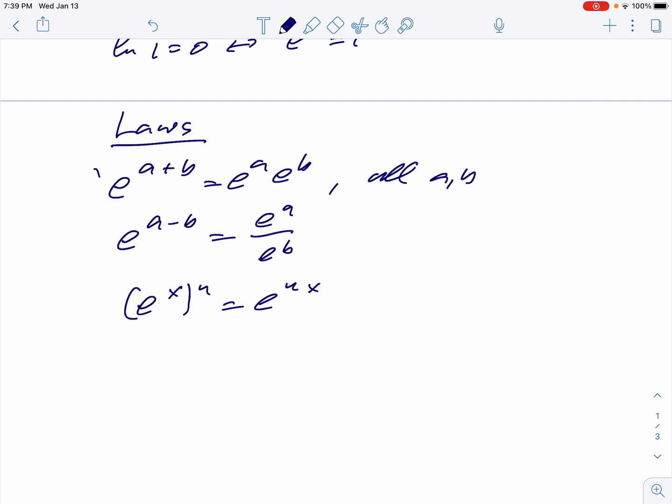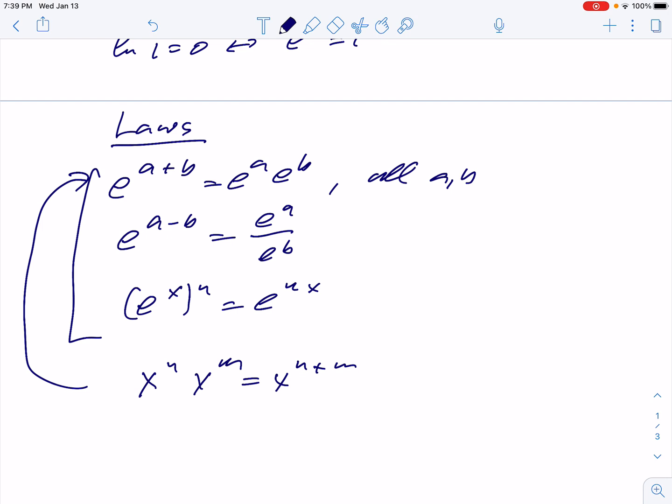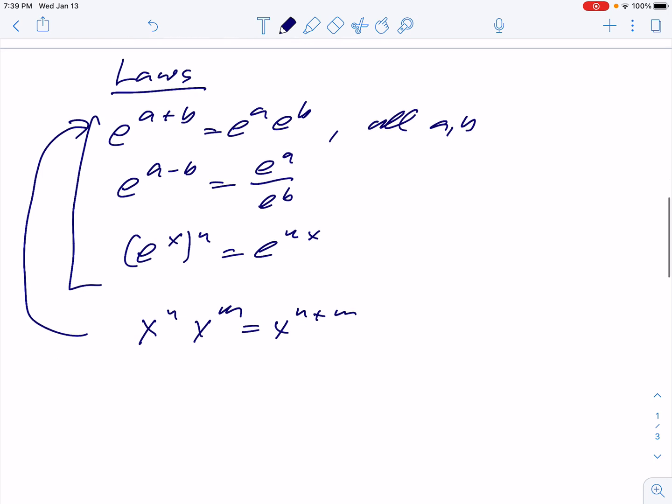And it's something familiar from algebra. We know that x to power n times x to power m is x to the n plus m, and that's the same property that we have here. Also, if you have x to the n divided by x to the m, this will be x to the n minus m.